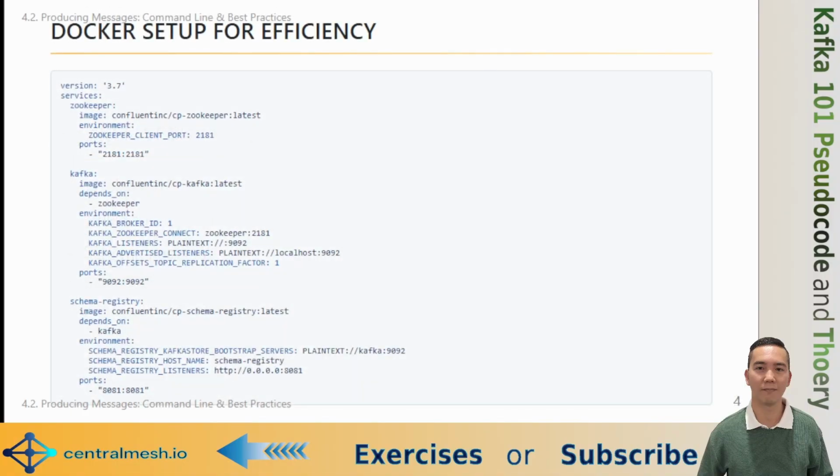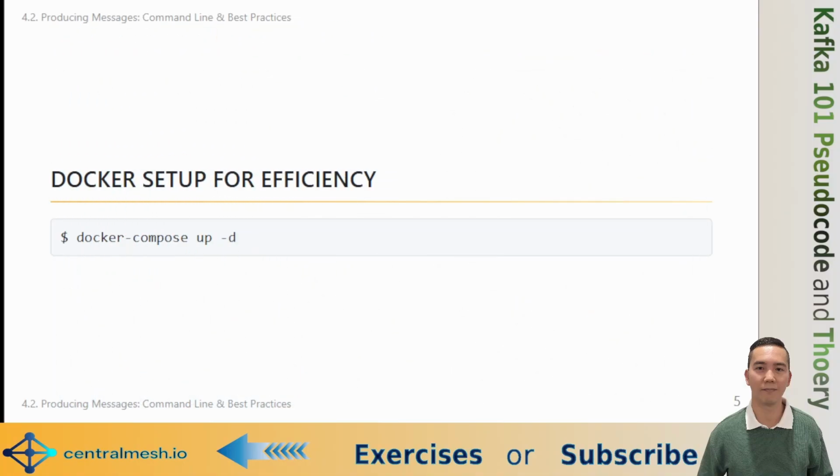This Docker setup defines three services: Zookeeper, which coordinates the Kafka cluster; Kafka, our broker service that handles the message production and consumption; Schema Registry, which stores and serves Avro schema for message validation. This setup allows us to test message production effectively with the necessary services in place. After saving the file, you can start the services with docker-compose up -d.